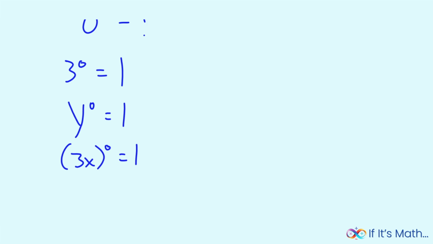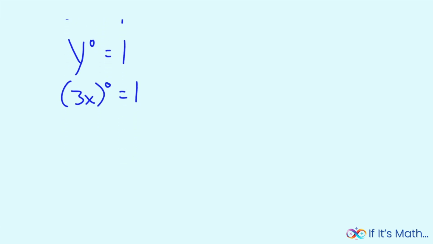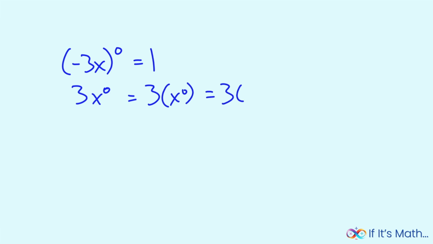As with any exponent, you have to be really careful with what it is and isn't touching. If you have negative 3x, all to the 0 power, that's 1 because everything is being raised to the exponent. But if you have 3 times x to the 0 power, if you think about breaking it down, that's 3 times x to the 0 power, which is 3 times 1, which is 3.